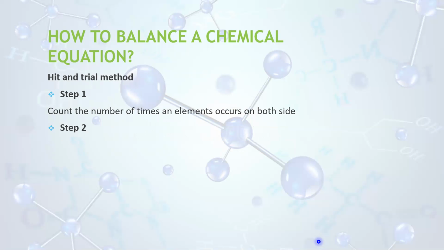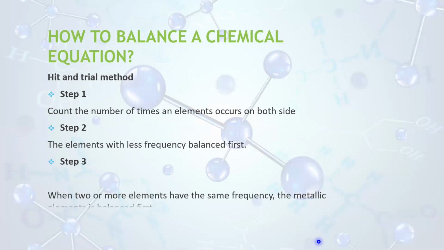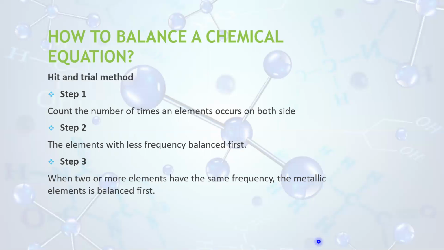Second step, balance the element with less frequency. And in step 3, if two or more elements have the same frequency, the metallic element should be balanced first. So let us try some examples.